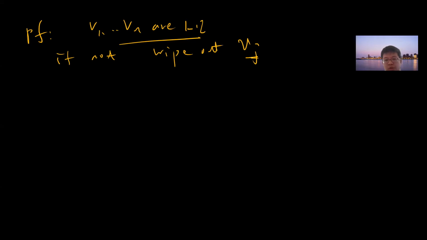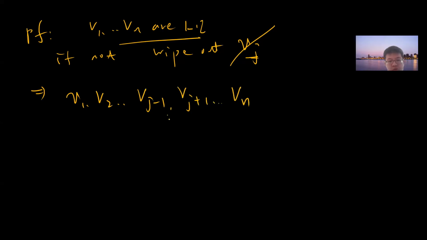For example, if vj is a linear combination of v1 to vj minus 1, then I just cut out vj. Suppose I cut vj. Since vj is a linear combination of the previous ones, I cut it out, right?